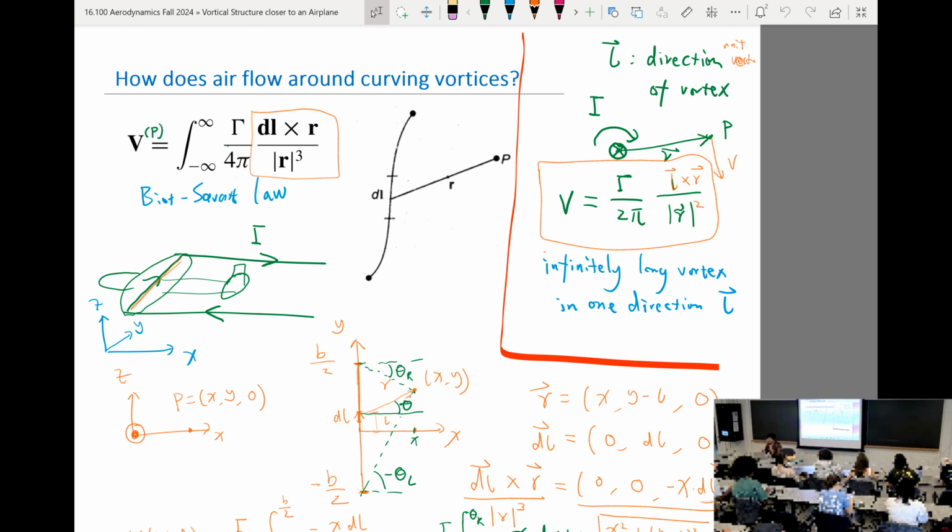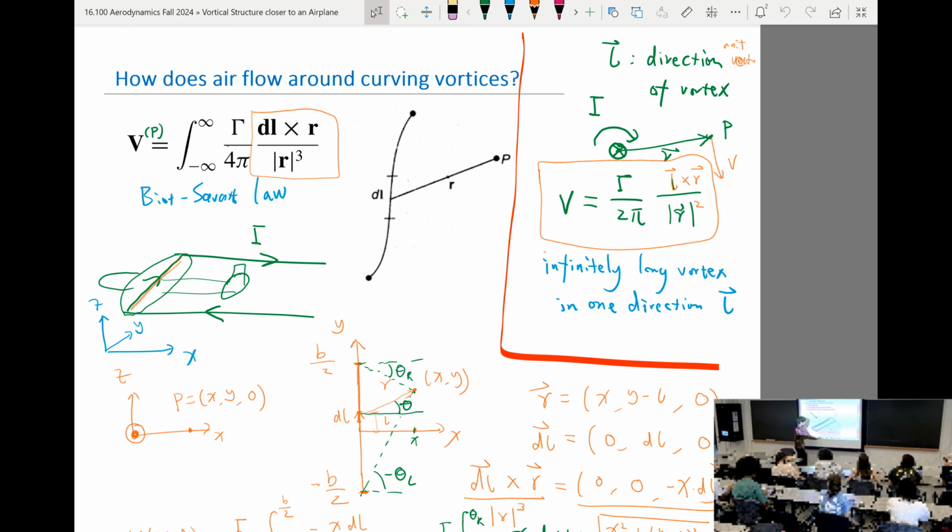Today we're going to be discussing vortices in one direction, like L. Today we are looking at vortices that curl around. For example, imagine we have just two vortices on the two wingtips.